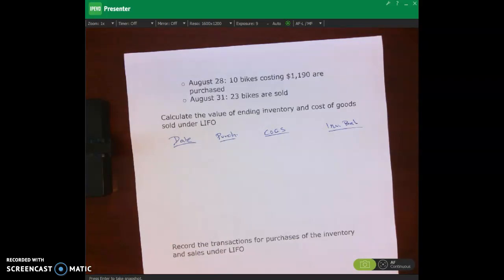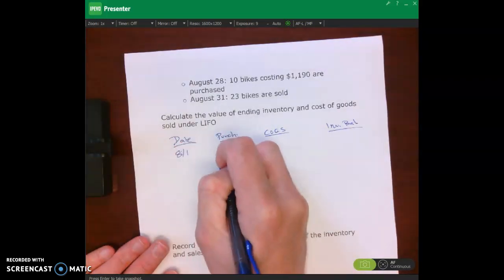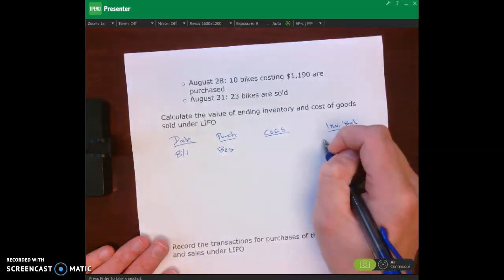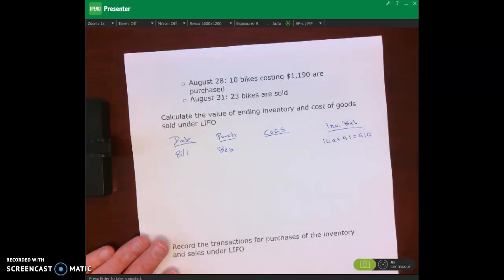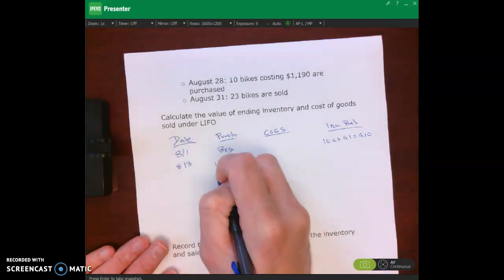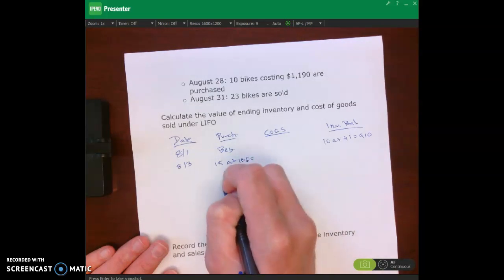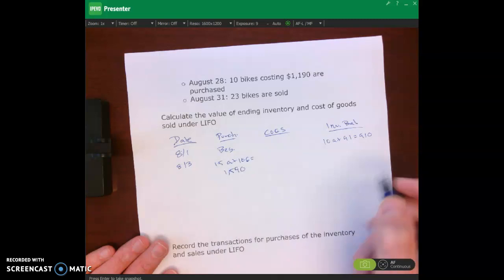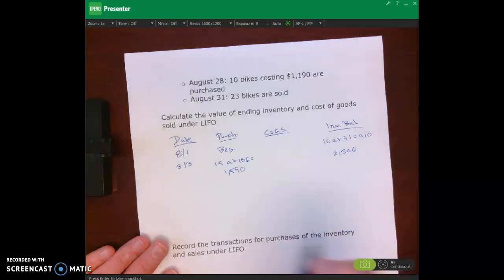Okay, so we have our date 8/1. Remember, that's our beginning inventory, and we had the 10 at the 91, which gives us our 910. You know that. And then on 8/3, we purchased another 15 at 106, which gives us our 1590 plus our 910, gives us our $2,500 inventory balance.